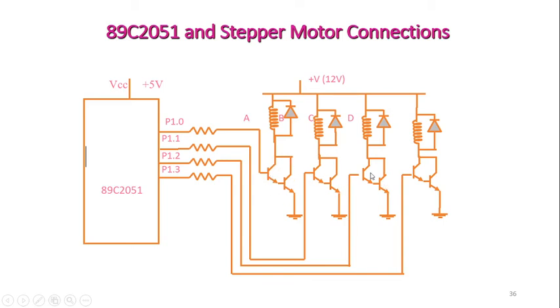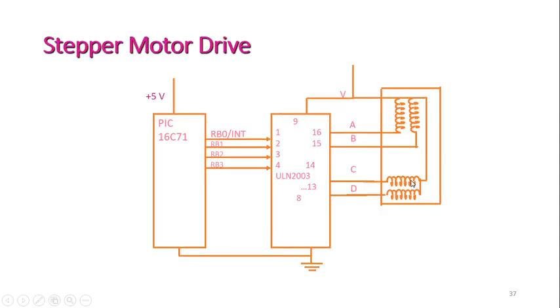Instead of using the Darlington pair connections separately, we have one IC called the ULN 2003.